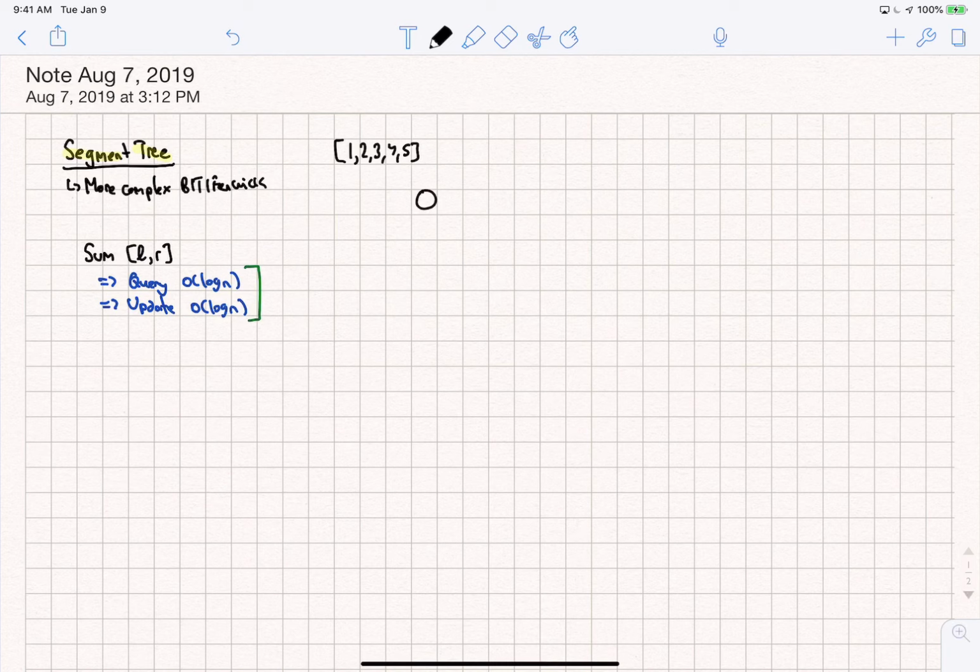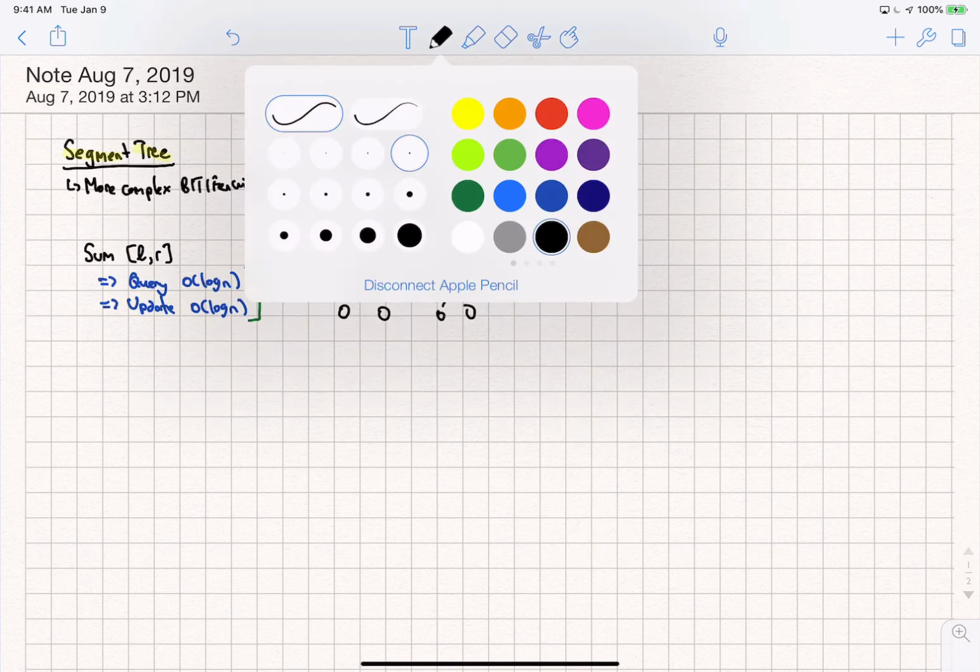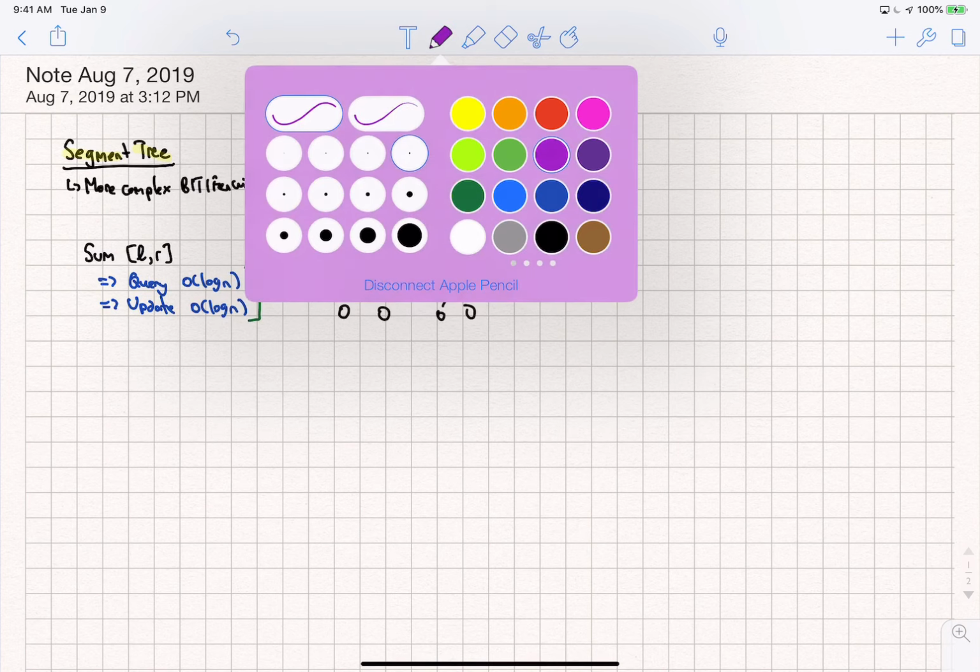We can have one node like this, one node like this, one node like this, one node like this, one node like this, and then we have different nodes here and different nodes here. So what we're going to have is essentially segments.